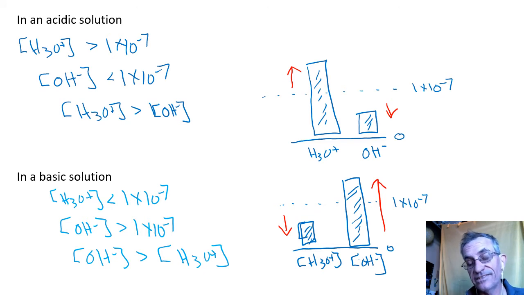So if you know the concentration of one, hydronium for example, you can find the concentration of the other, hydroxide.